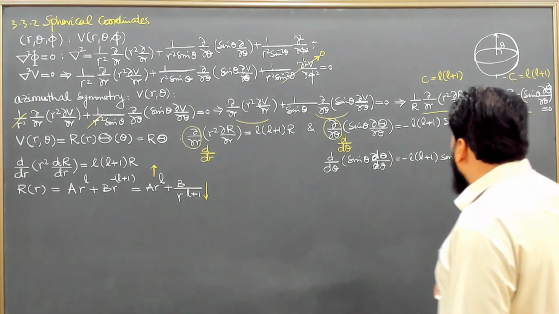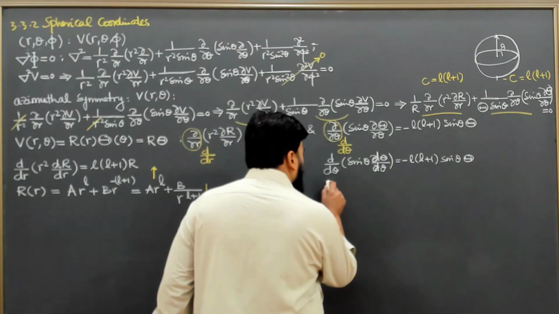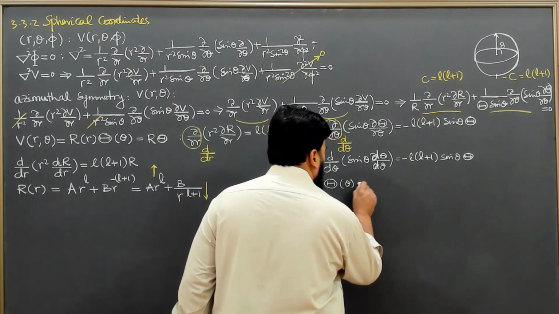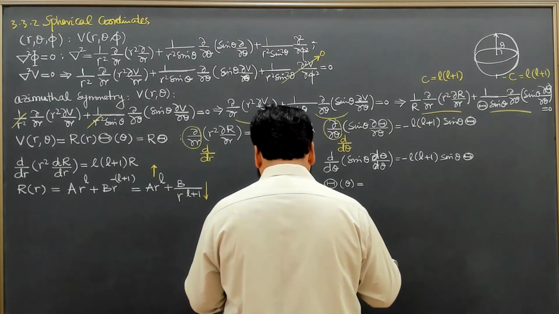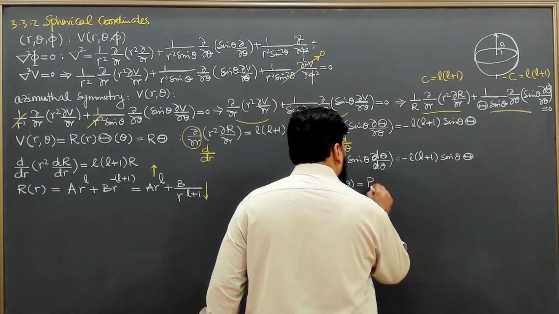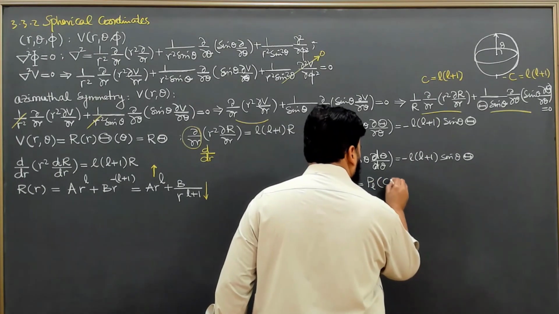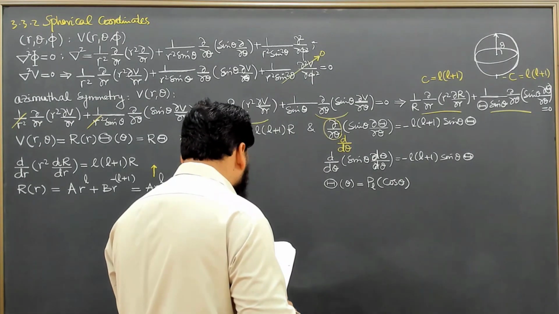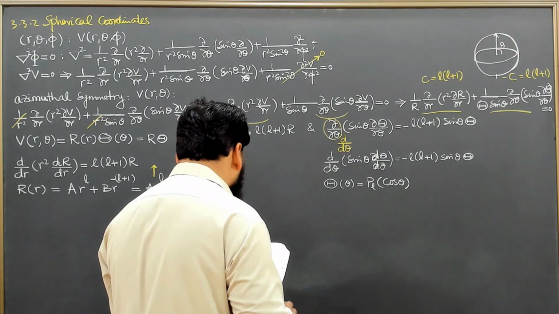So the solution of this equation is the Legendre polynomial, big Theta of theta, which is equal to PL of cos theta. These are basically the Legendre polynomials.